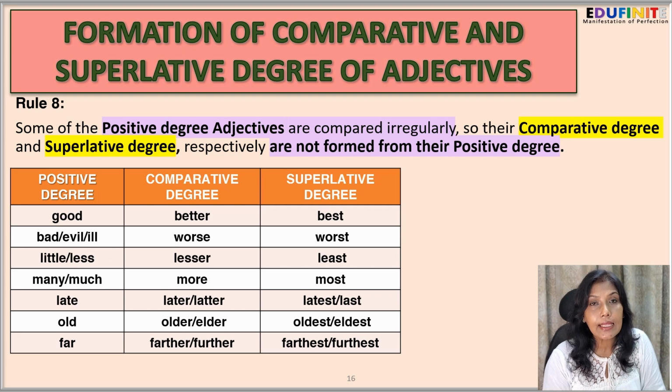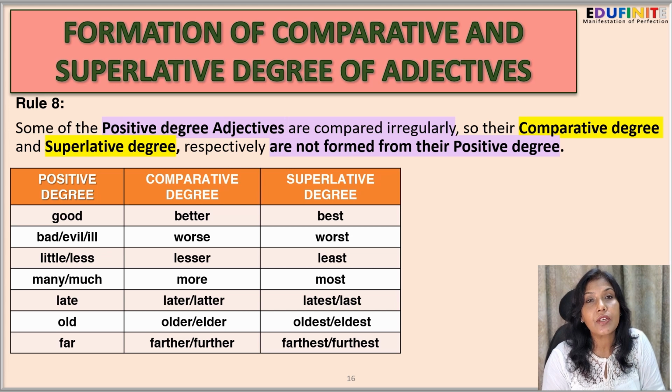Next, little or less as positive degree has its comparative degree as lesser and superlative as least. Next, many or much as positive. Many is for numbers and much is for quantity.